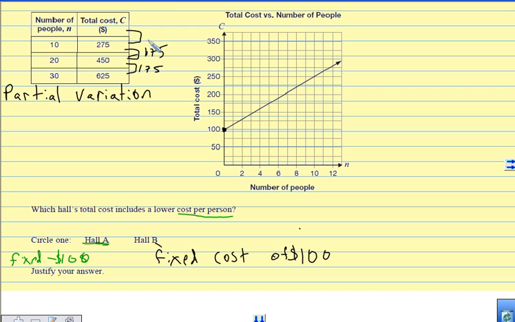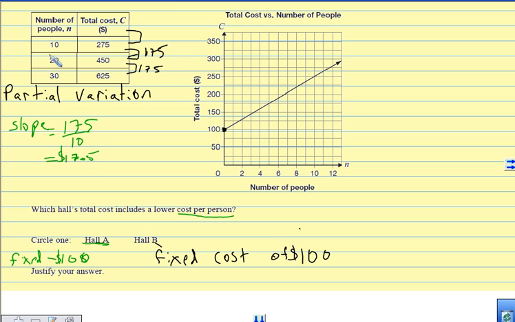So now this is going up by 175, but that's for every 10 people. So we have a slope for A of 175 over 10, which is equal to $17.5 per person. Every person adds another $17.5.